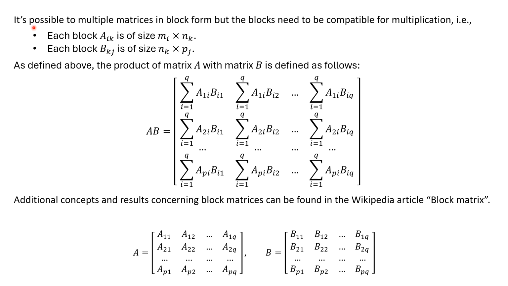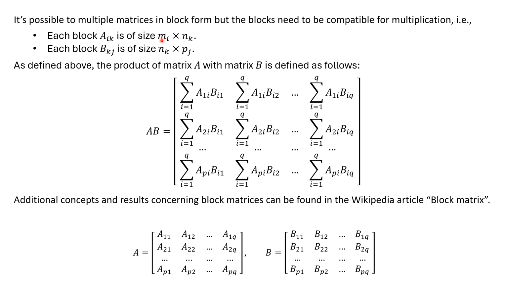It's possible to multiply matrices in block form. If we look at our matrices A and B from the previous examples, we can multiply these together and get a matrix that's also in block form. However, there are requirements on the dimensions of the blocks in A and B, and that's what we have here.